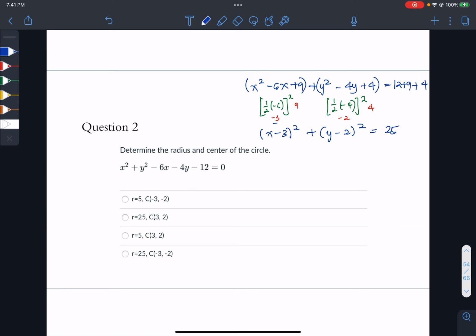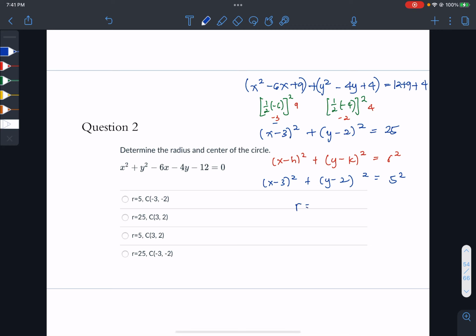And remember, ano ang format ng standard form ng circle? That is x minus h squared plus y minus k squared is equals to r squared. So what we have here is 25, but 25 there is r squared. So kung gagawin natin siyang standard form, that is x minus 3 squared plus y minus 2 squared is equals to 5 squared.